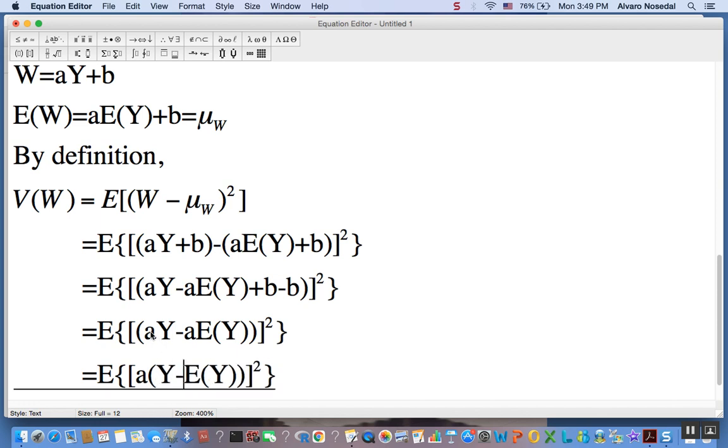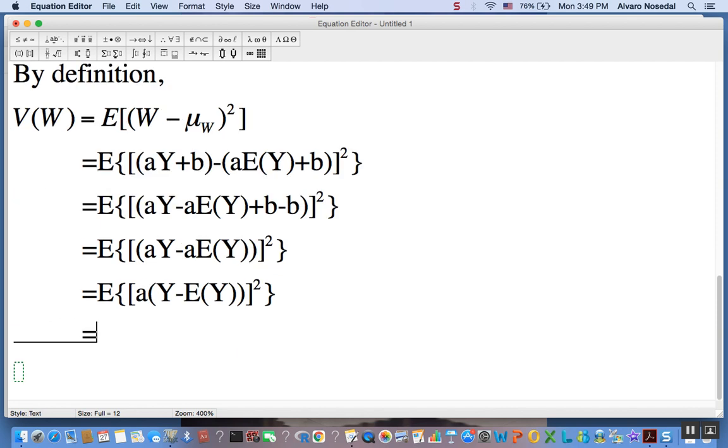A times y, this guy, a times expected value of y, right? Okay, now that square is affecting a, and that difference, the difference between y and its expected value, happens to be just the following.